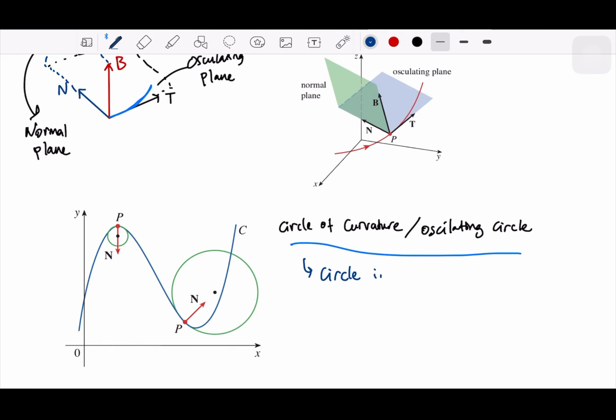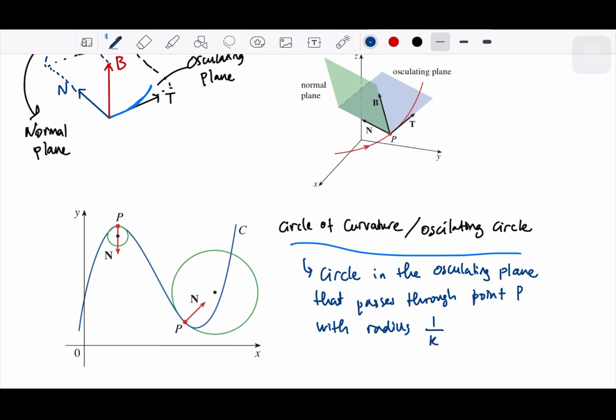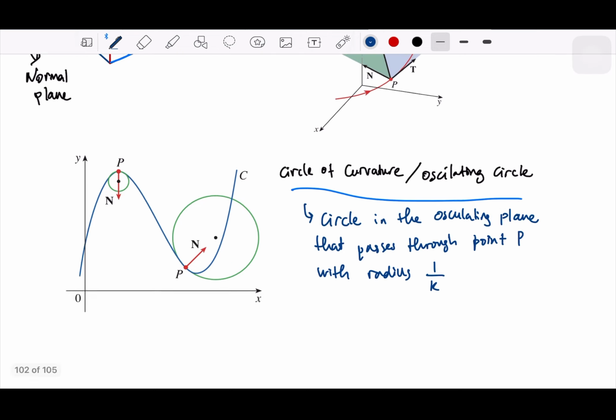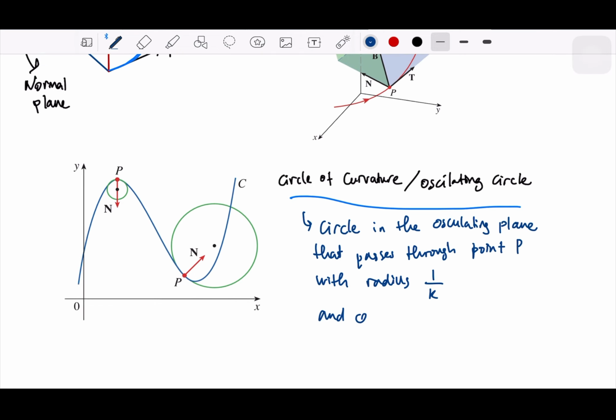So this is the circle in the osculating plane that passes through a point, let's say point P, with radius 1 over the curvature, and centered 1 over the curvature from P along the vector N.